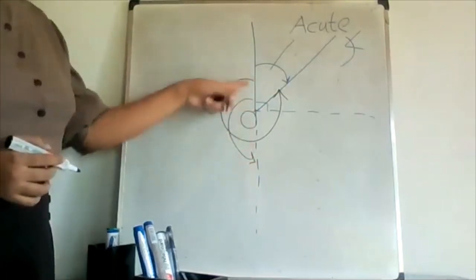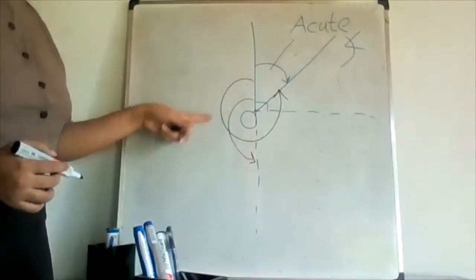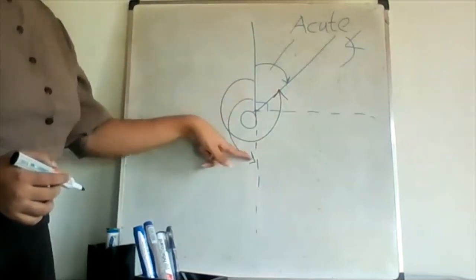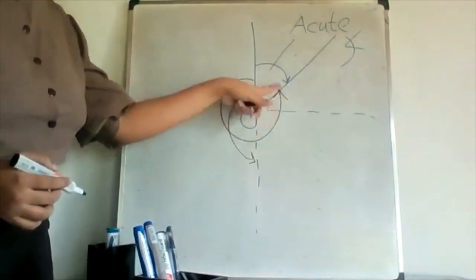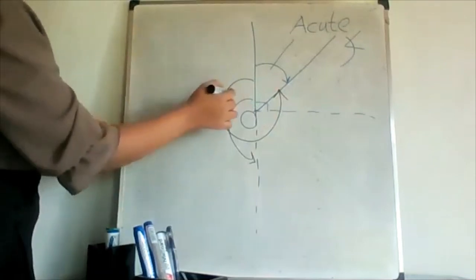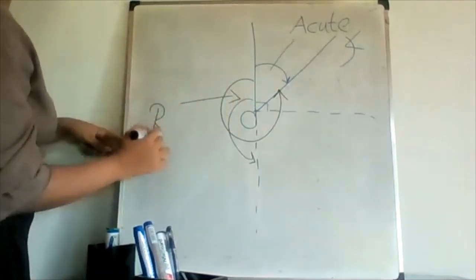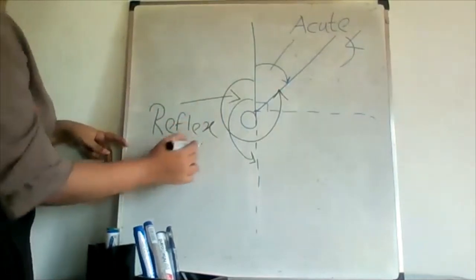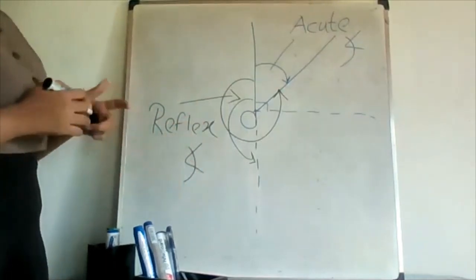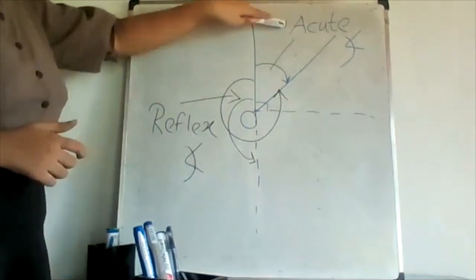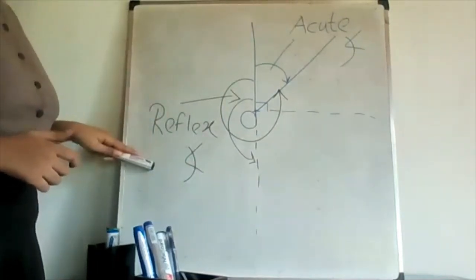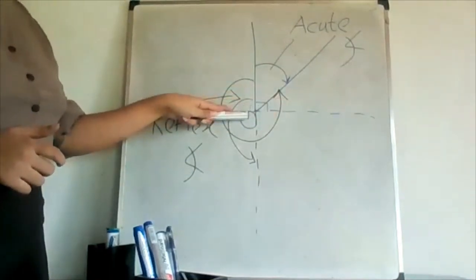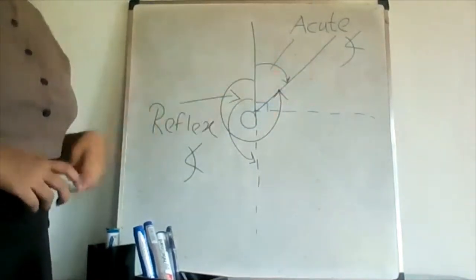And now this angle is greater than a straight angle. That means this is a reflex angle. The angle which is greater than a straight angle is called a reflex angle. So now we have marked an acute angle and a reflex angle in the same figure by using the same vertex and the same two arms.